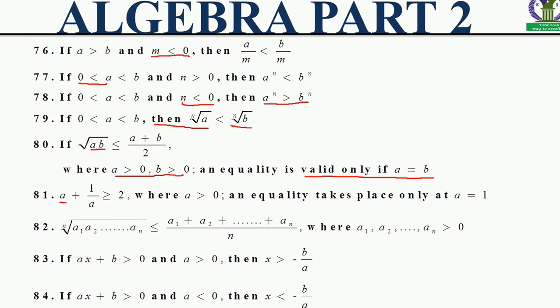If a plus 1 by a is greater than or equal to 2, where a is greater than 0, equality takes place only at a equals 1.